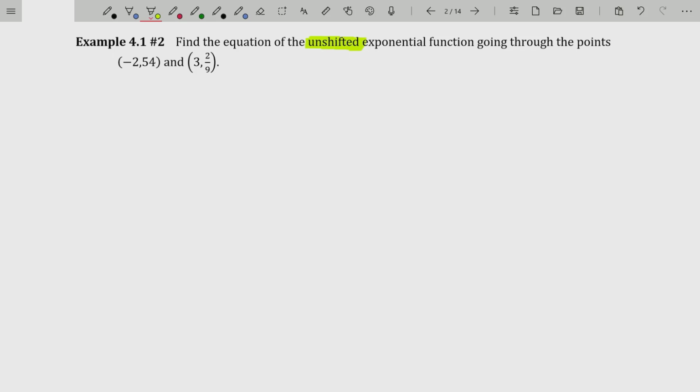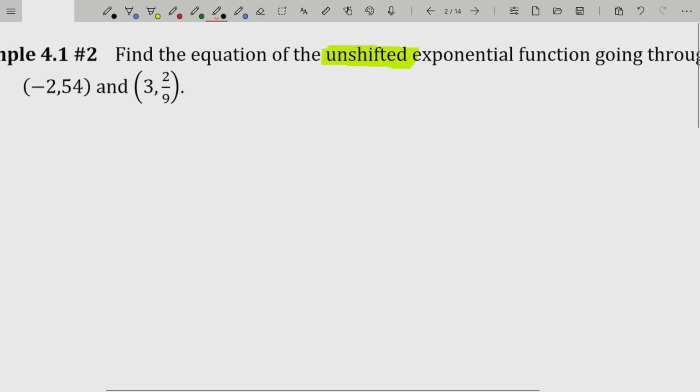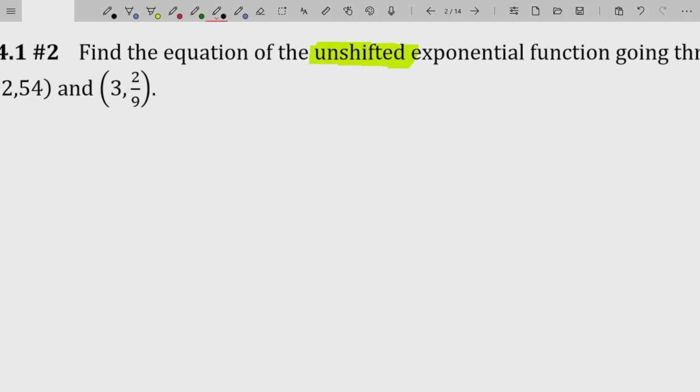So how do you do this? Well, you start with the base idea of an exponential function. So what does an exponential function look like as a formula? Well, it looks like f of x equals a times b raised to the x power. We just don't know what a and b are. Notice, I'm going to say it out loud: we have two things we don't know, a and b.